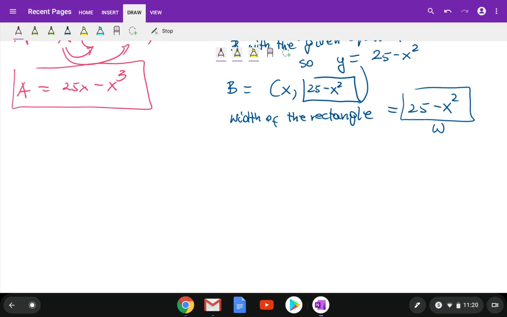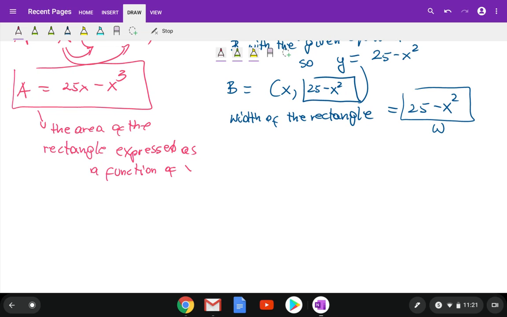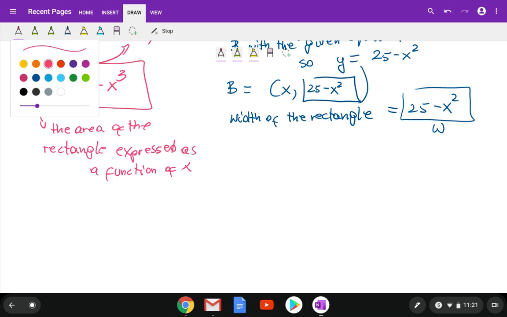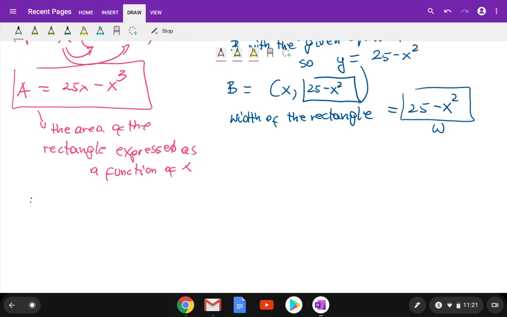We did express the area A of the rectangle as a function of x. Perfect. So now we can move on to part B of the problem.